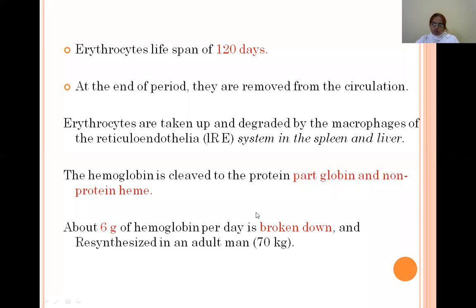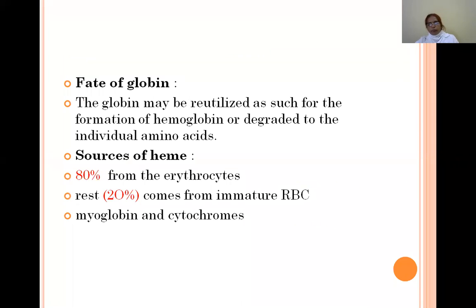Generally about 6 grams of hemoglobin per day is broken down and resynthesized in an adult man of about 70 kg. Now the fate of globin and the fate of heme.